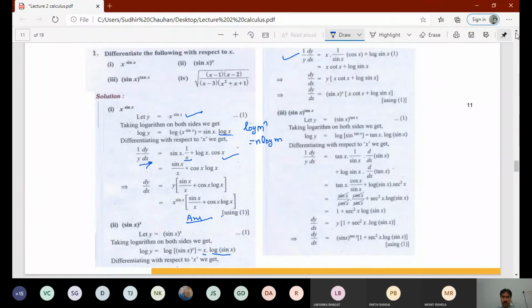Differential of log sin x is 1 upon sin x into cos x, and then log sin x into differential of x, that is 1. So here we can simplify it, and then we can shift this y, and it is sin x raised to power x into x cot x plus log sin x. So that is the answer.